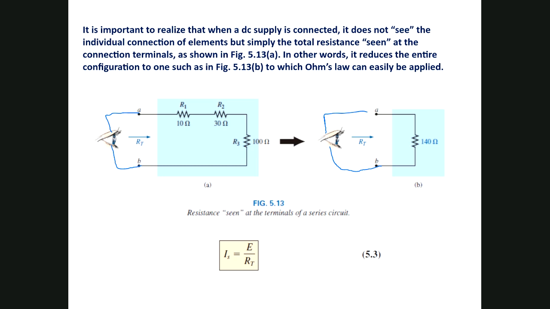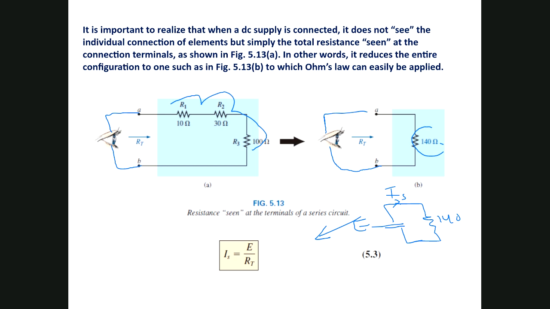You will shrink R1 with R2 with R3 as one resistor, combining all together, which is 140 here. Then you will find this circuit: this is the 140 here, and this is your source. Then you can apply Ohm's law, which is E over R total.